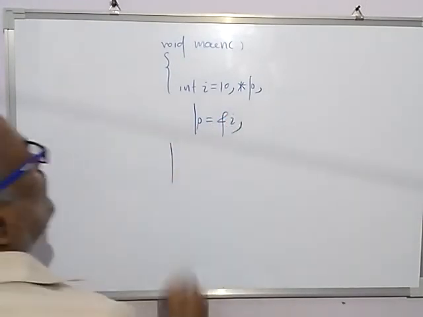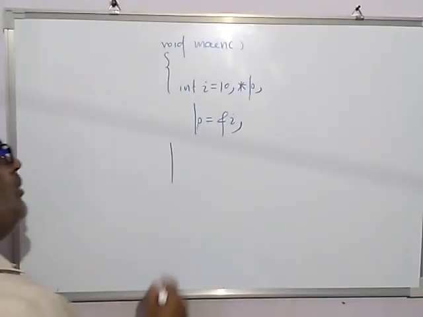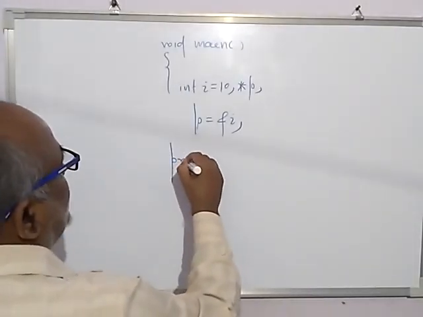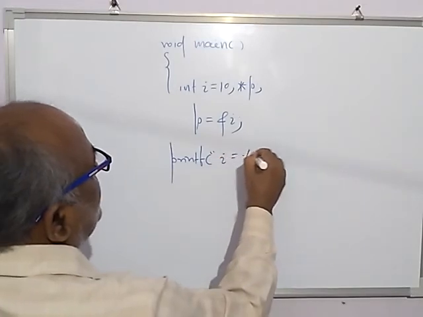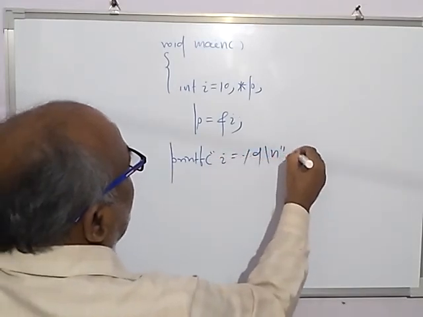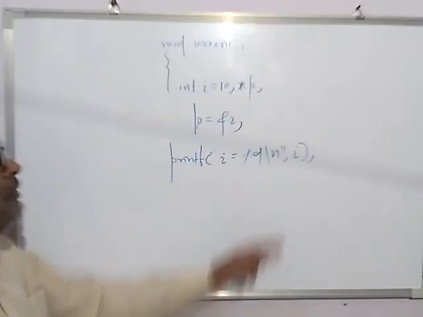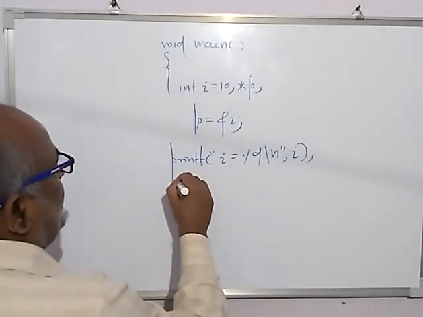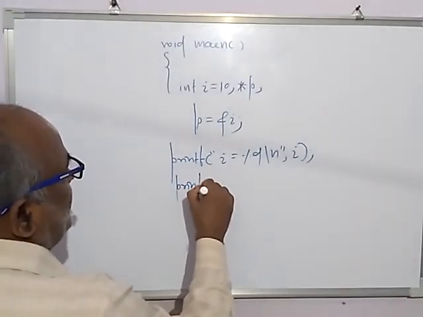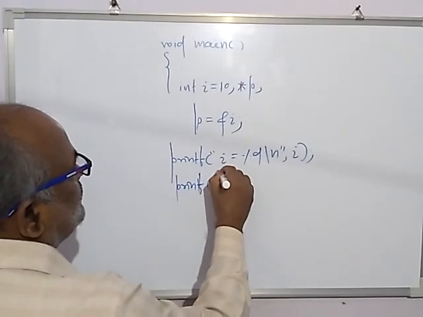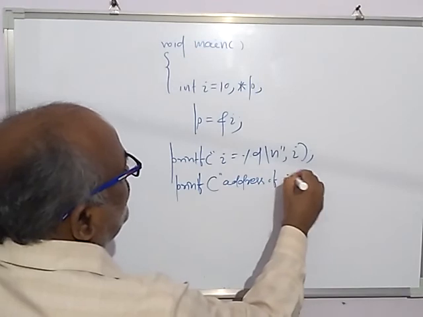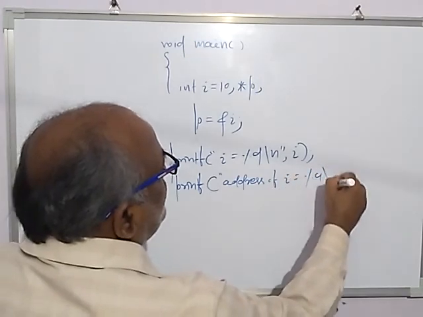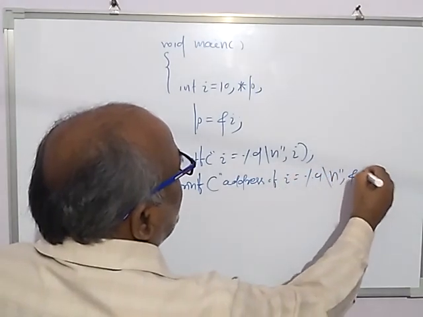Then if I want to print the address and value of the variable, you can write like this: printf i equal to percent d backslash n, i. You can access the value by using the variable name. Then if you want to access the address, printf address of i equal to percent u backslash n, ampersand i.